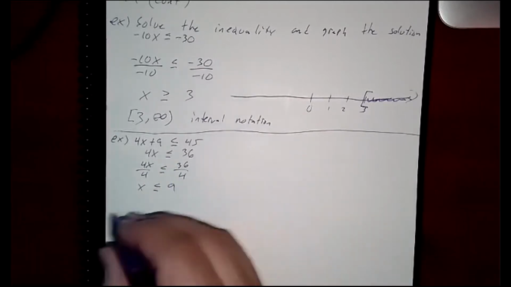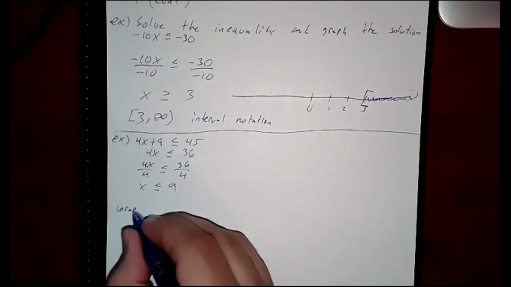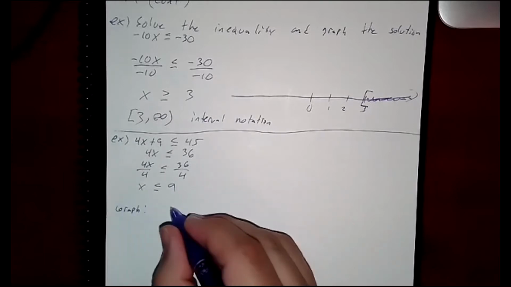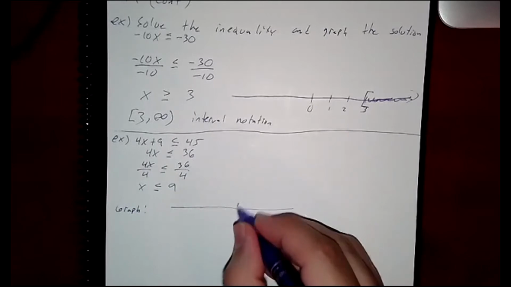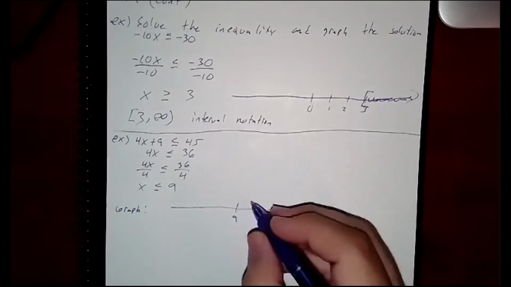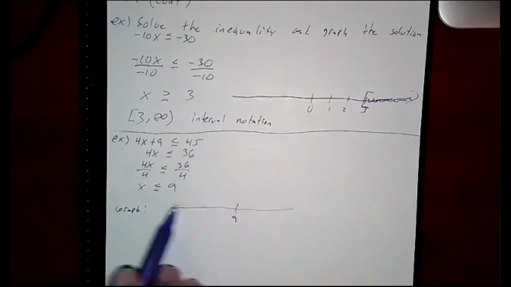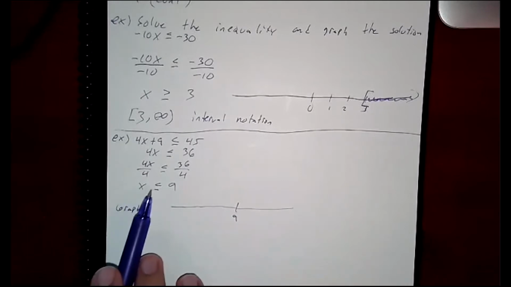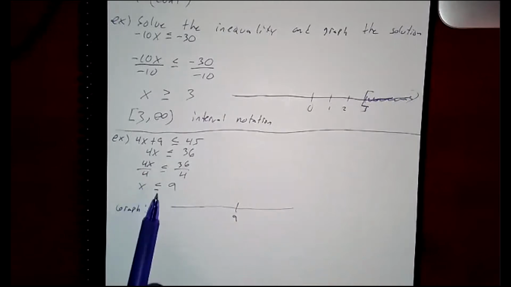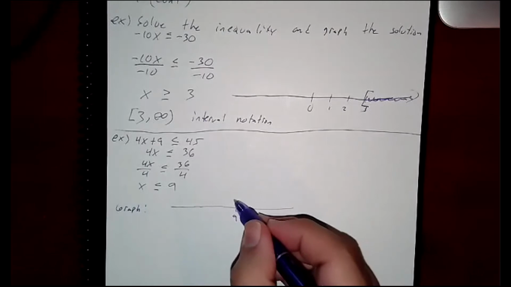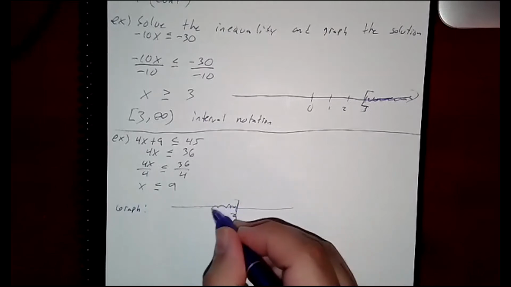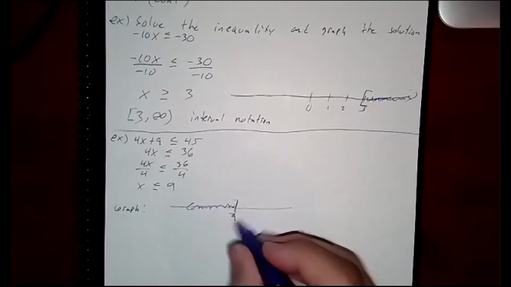So then the graph will be, I don't know, we can put 9 wherever we want. It's not a big deal. But when x is on the left side, the arrow tells you which way to go. Or you can just read it. X is all the values below or equal to 9. So I will include everything below, in this direction.